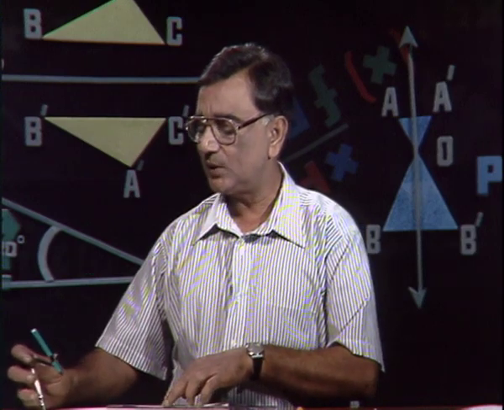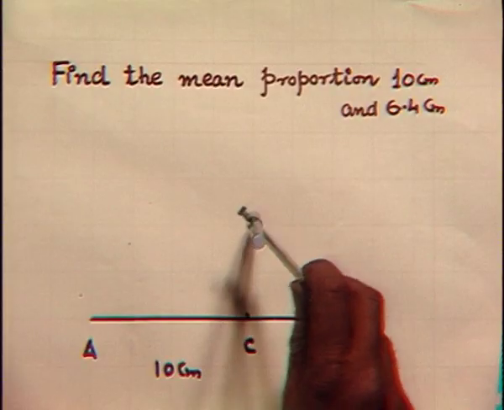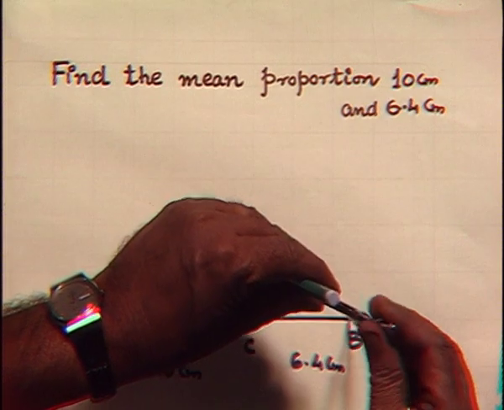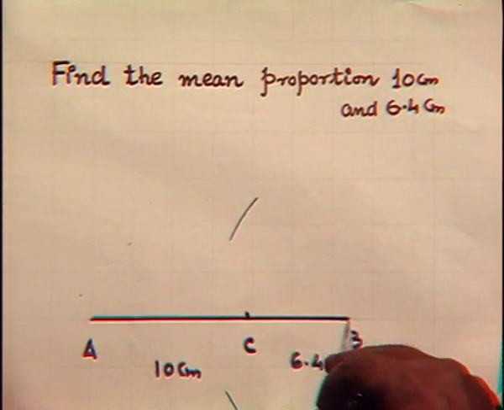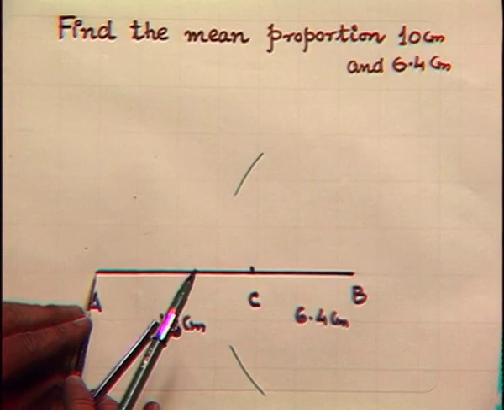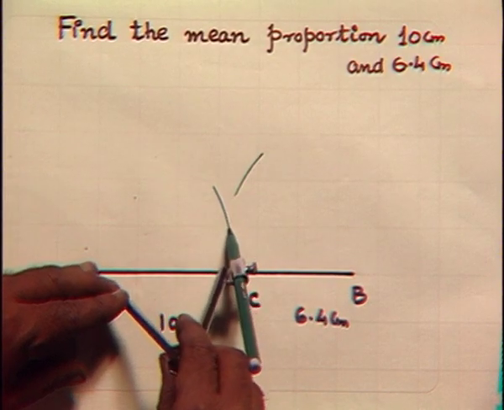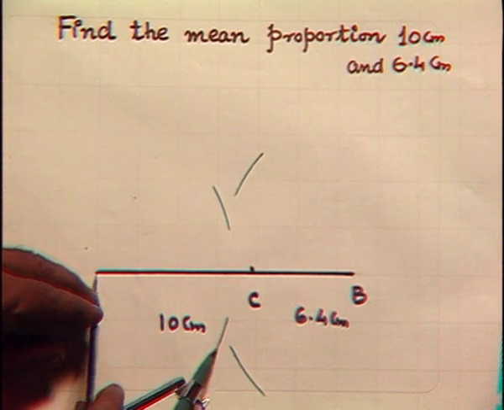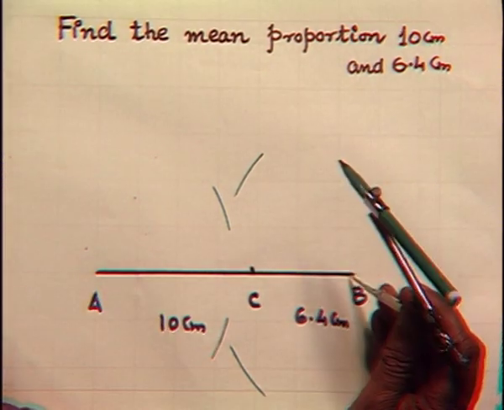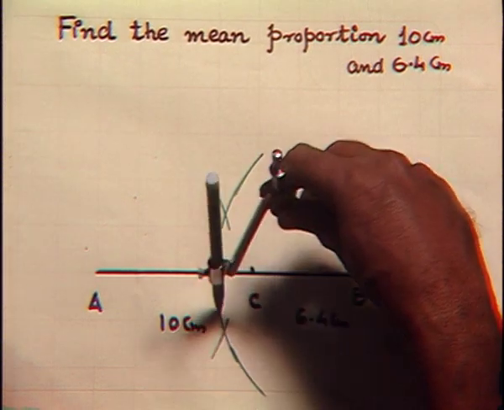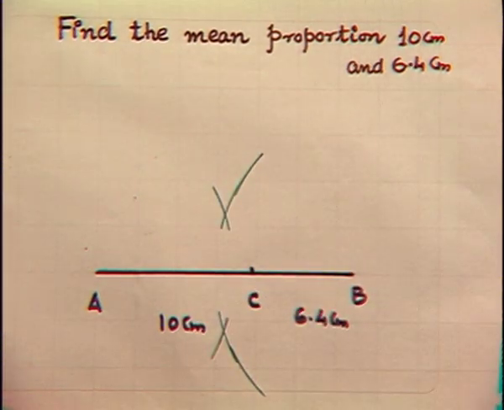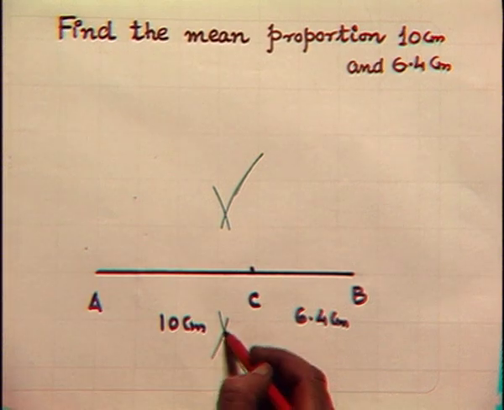Opening it a little more than half, we will draw an arc up and an arc down, and from the end A we will draw another arc. These two arcs cut at these points.